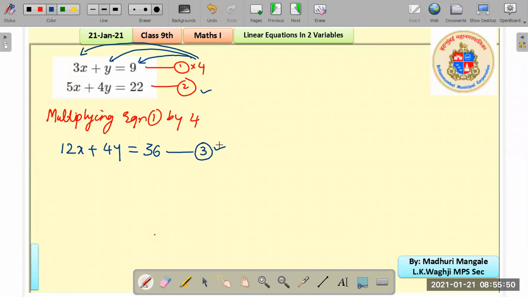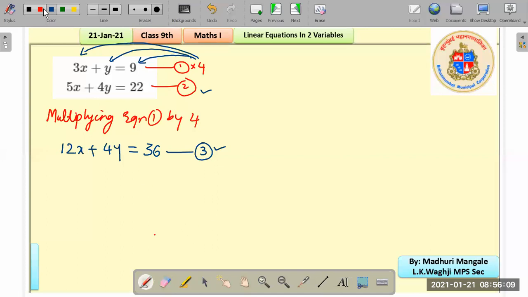Now compare equation 2 and equation 3. Do we see the y terms are same? One is 4y and the other is also 4y. What should be done? Should we add or should we subtract? So subtracting will help, correct?